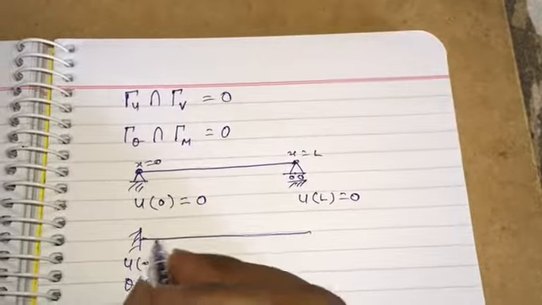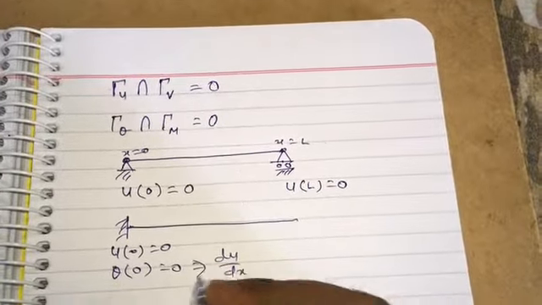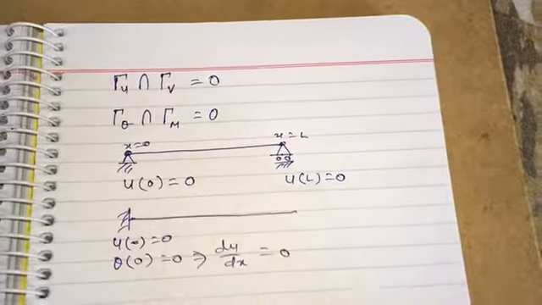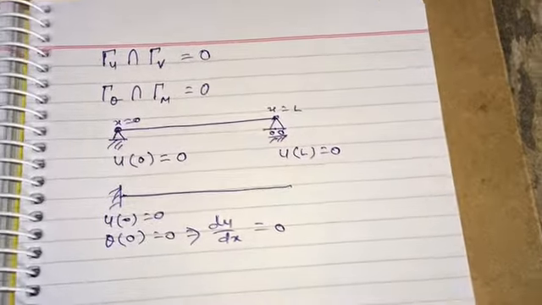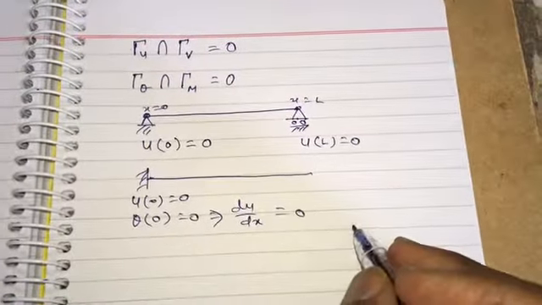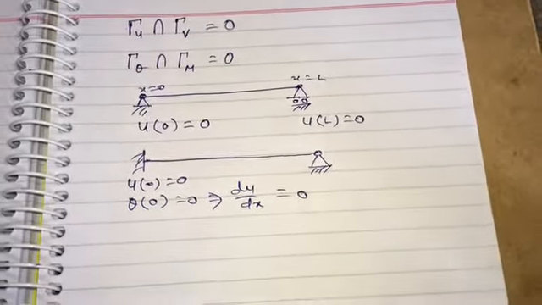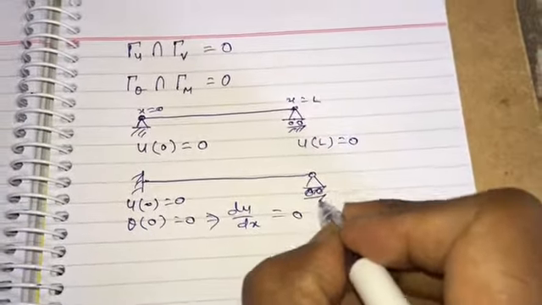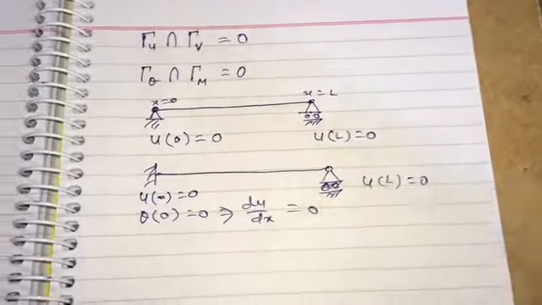Theta means slope, so du over dx is also 0 in this case. There may be a case where you also have a support like this, so in that case u(L) is also equal to 0.